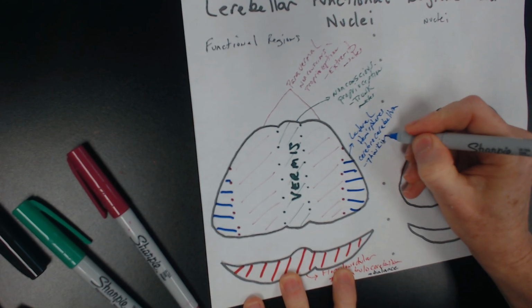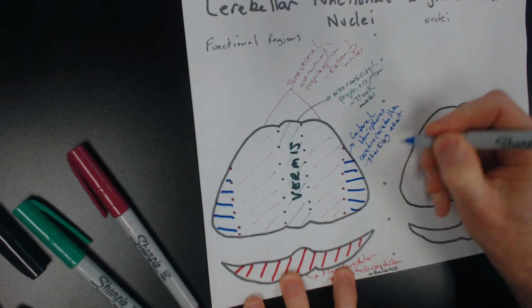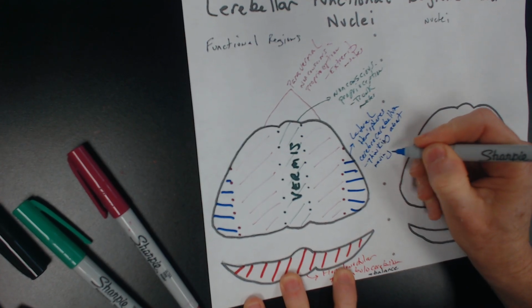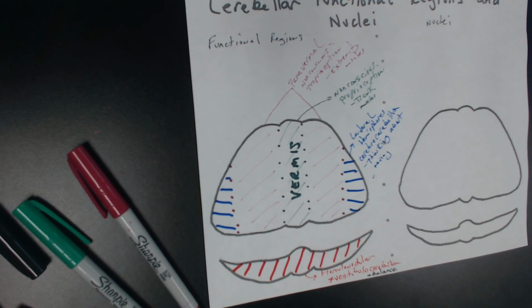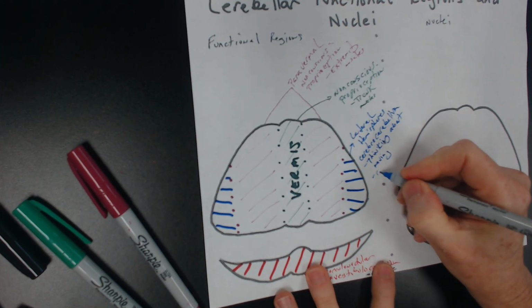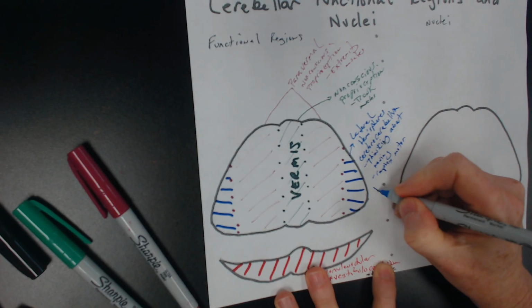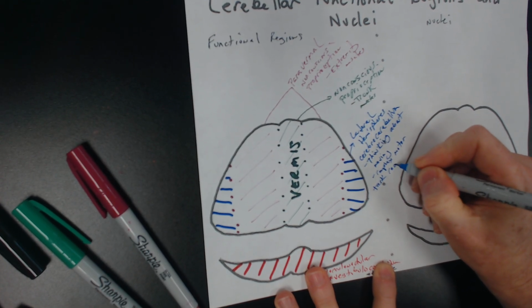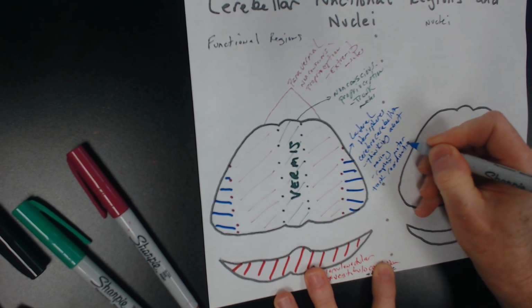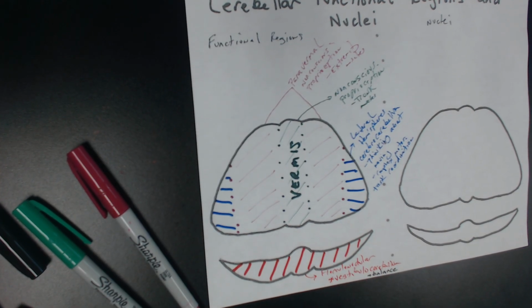So thinking about moving, and complex motor task coordination. Your cerebrocerebellum is that conscious decision about moving or thinking about moving.